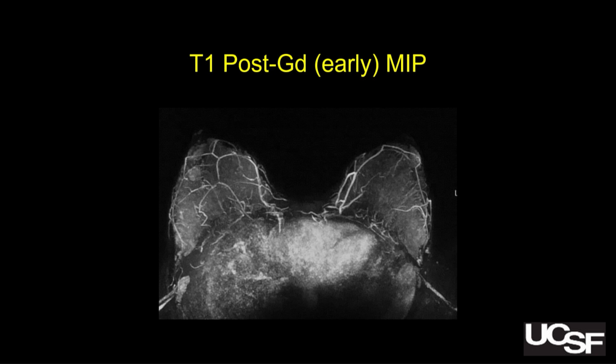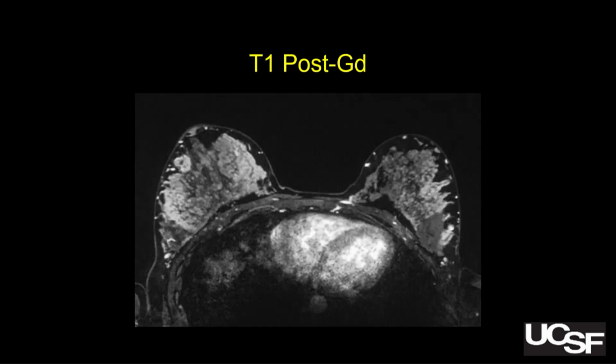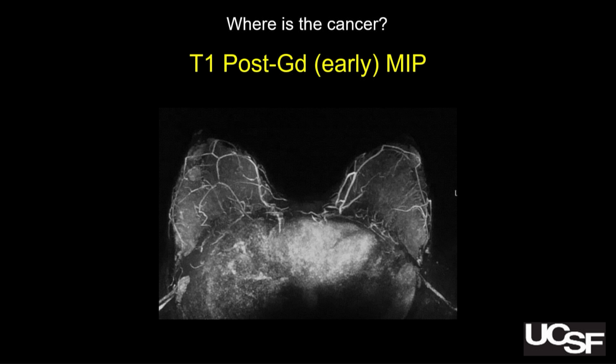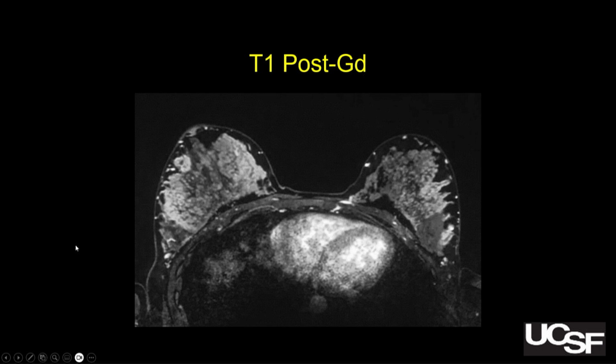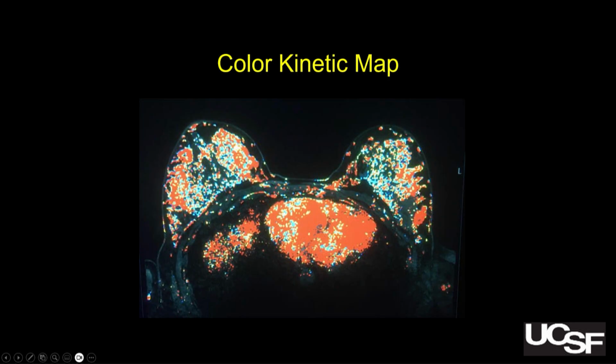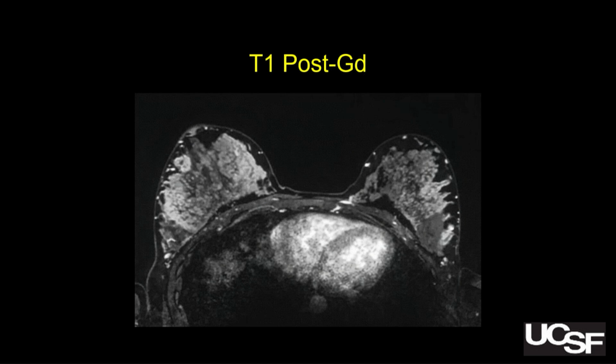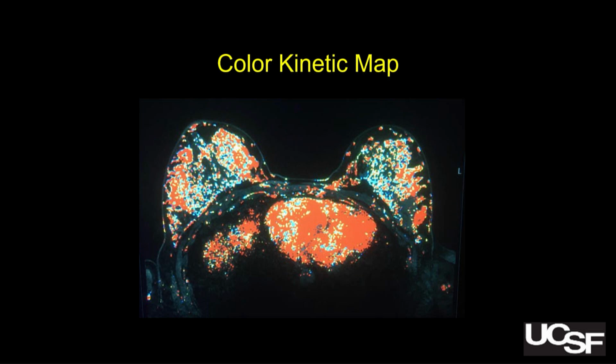So I find it very reassuring when, in spite of a lot of background, I can still find the cancer. So just to point it out, it's this, okay? And it's this. And there's a clip in it. And then we have all of this. And there's the color. Okay? Yeah.